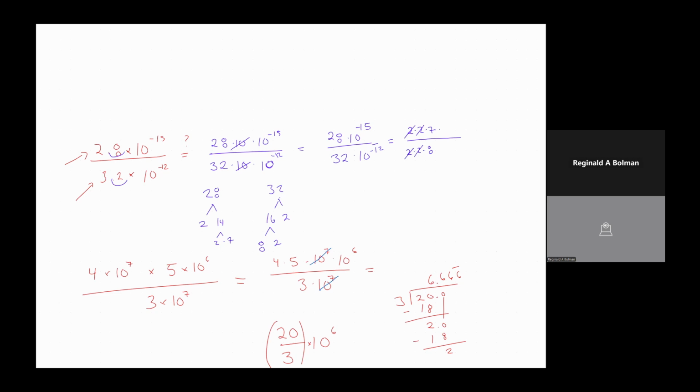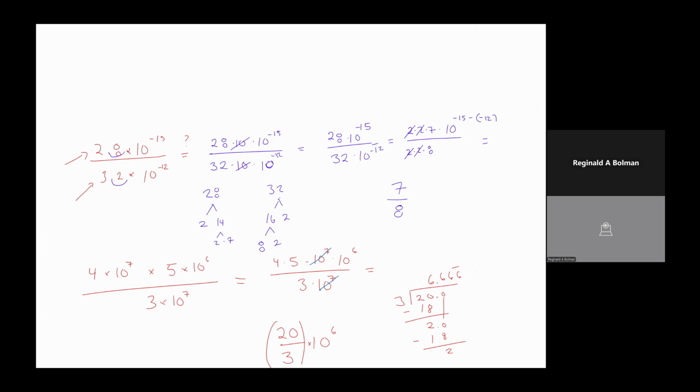On the one hand, you can use exponent subtraction, which is probably the easiest way to think of it. But on the other hand, you can use one of your negative inverse laws to flip your 10 to the negative 12 to the other side into exponent addition. But regardless of how you do that, what's going to happen is you'll have 7/8 and 10 to the negative 15 minus the negative 12.